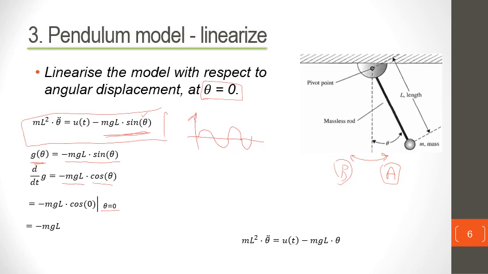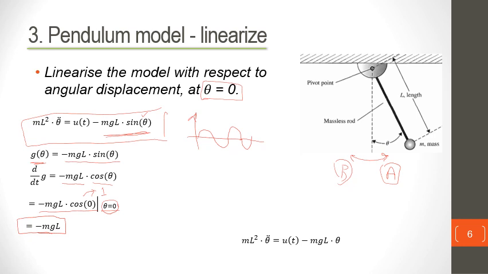Then we evaluate it at theta equal to 0. So this would be minus mgl cosine of theta, but cosine of 0 becomes 1. Therefore, we find that our proportionality constant is negative mgl.